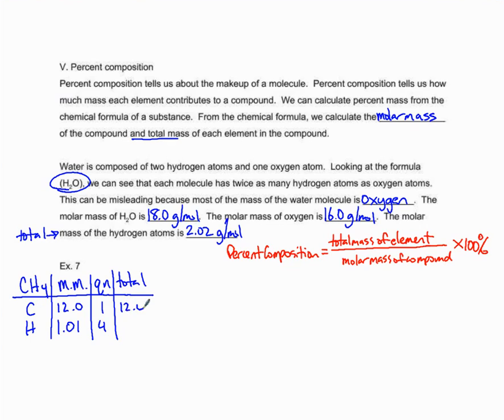Totals, we have 12 grams per mole of this is carbon and 4.04 grams per mole of this is hydrogen. So let's add these together. According to our significant figures rounding rules, we're at 3 significant figures, and so this 0.04 rounds off.